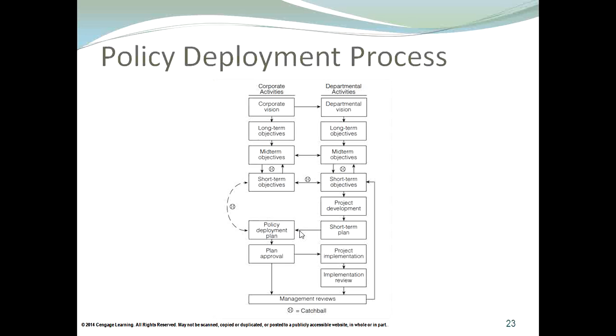But on the contrary, the catchball, as you can see in the image here, goes from the corporate vision, long-term objectives, mid-term objectives, short-term objectives, which has the difference on project development and short-term plans to policy deployment again, and then going into mid-term objectives, which reverses back to the next short-term objectives.